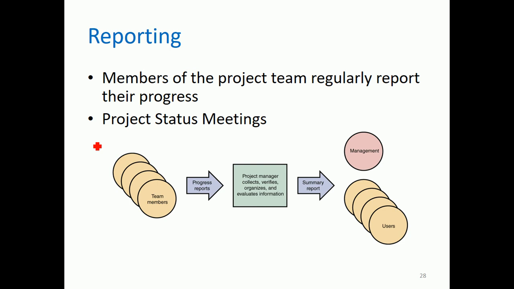By means of the progress reports submitted by the team members, the project manager will create a summary report from those progress reports, and then report to the management and also to the users what the status of the project is.